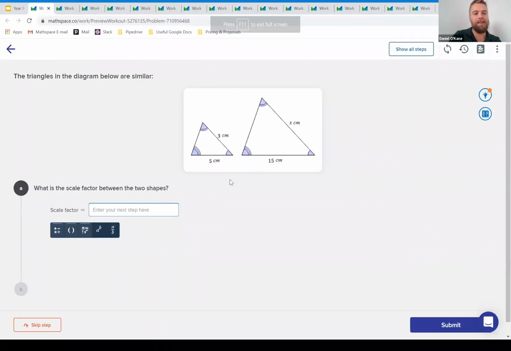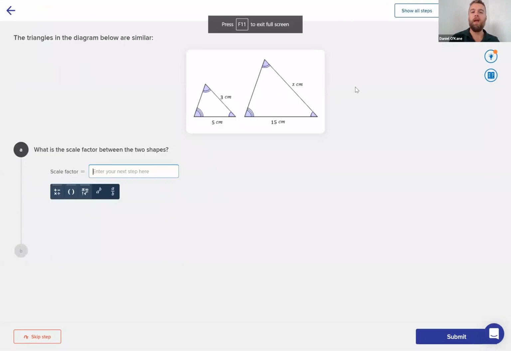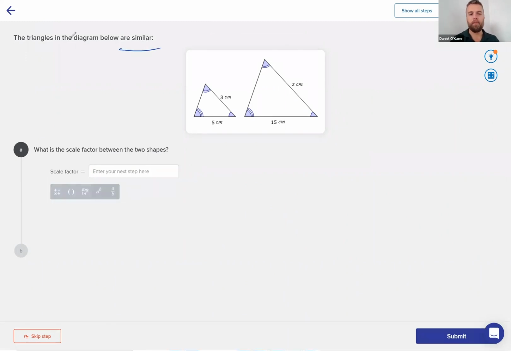Okay, looking at these triangles, we are told specifically that the triangles in the diagram are similar. So you know already from the question that the 2 triangles are similar. And so we've got these matching 3 angles, all right?